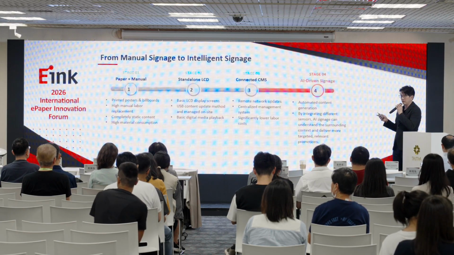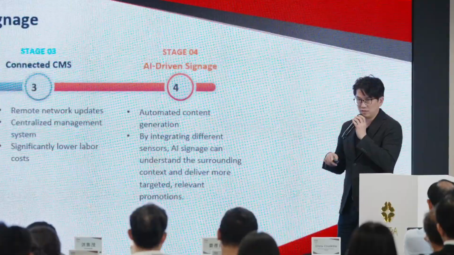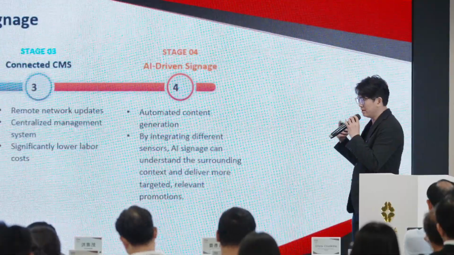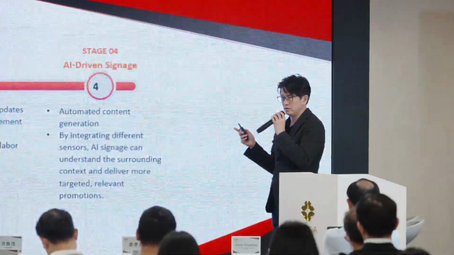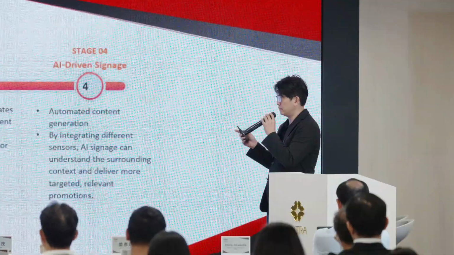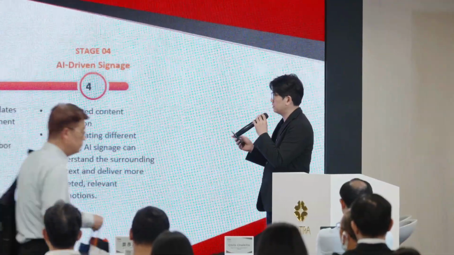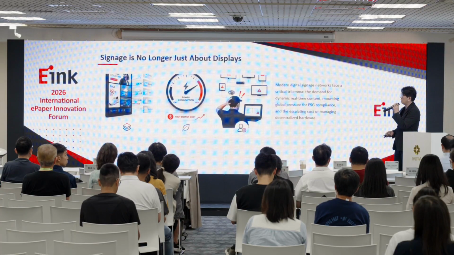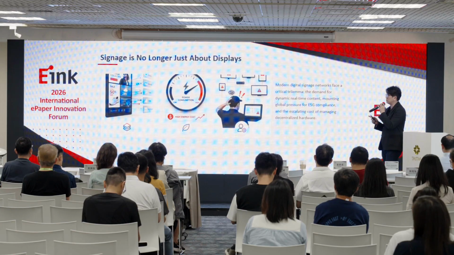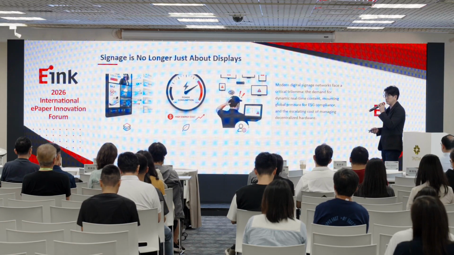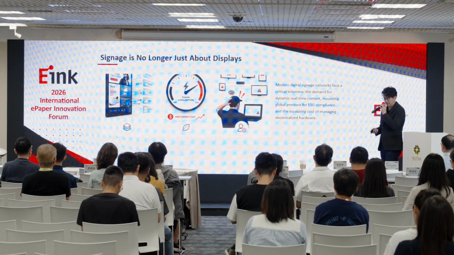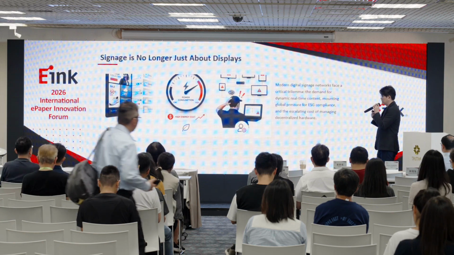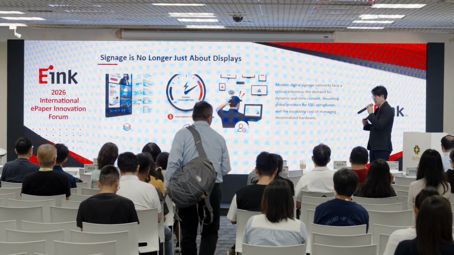So I believe AI will come in soon and make sure signage has a different evolution. To summarize, signage is no longer just a display, because they want to show real-time data, real-time advertisement, or real-time information.